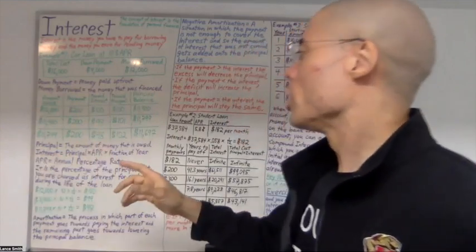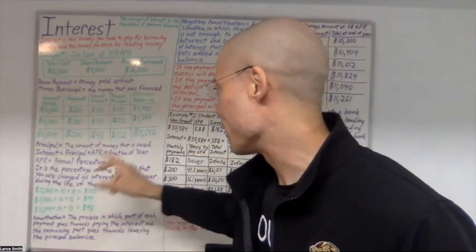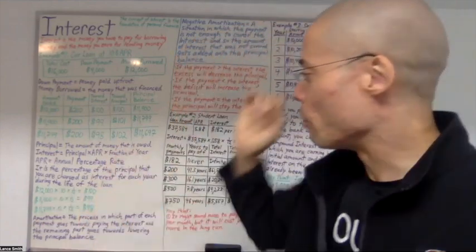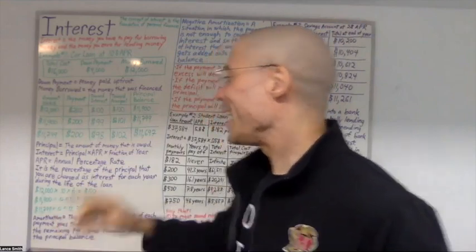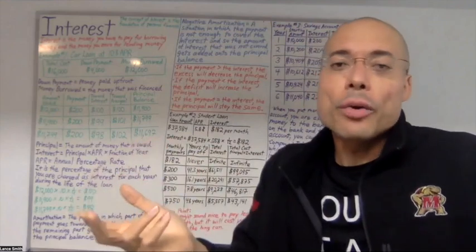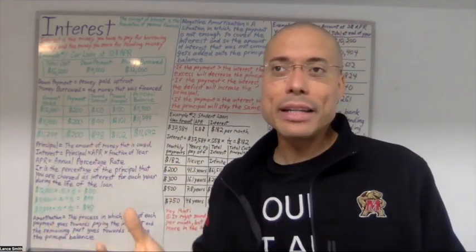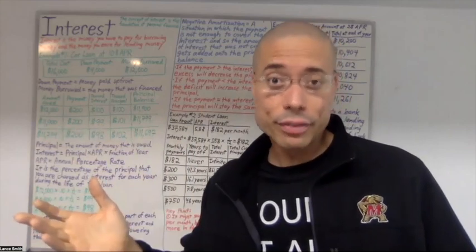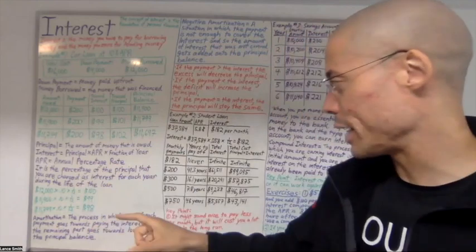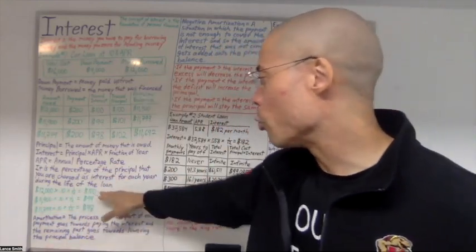So we then have to multiply that by a fraction of the year. So we take $12,000, multiply it by 10%, and then multiply it by 1/12. Multiplying by 1/12 really means to divide by 12. So $12,000 times 10% times 1/12 will give you $100.